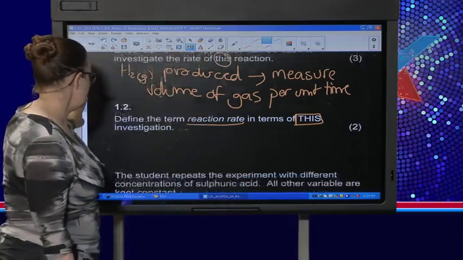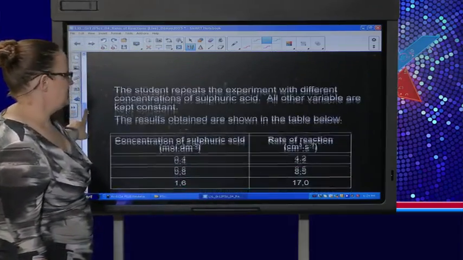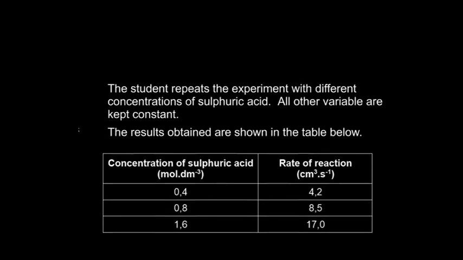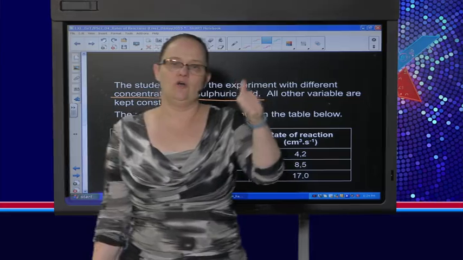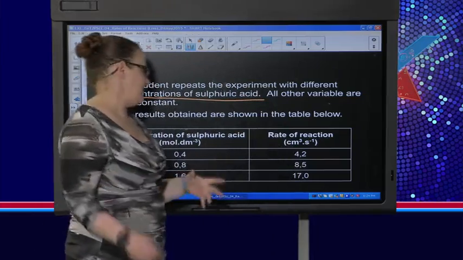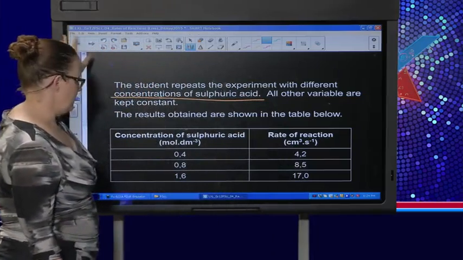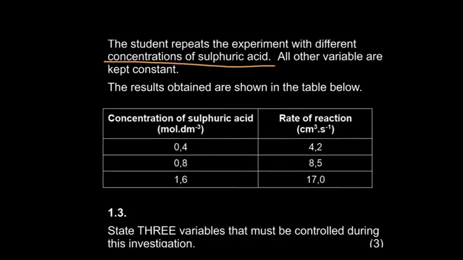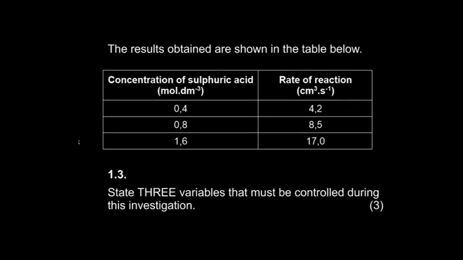Okay? Now, the student repeats the experiment with different concentrations of sulfuric acid. So what we're doing here is investigating the factor of concentration. So they're saying what happens with concentration to the rate. And all other variables are kept the same, and here they give me the results. Concentration of my sulfuric acid, they measured in centimeters cubed per second.